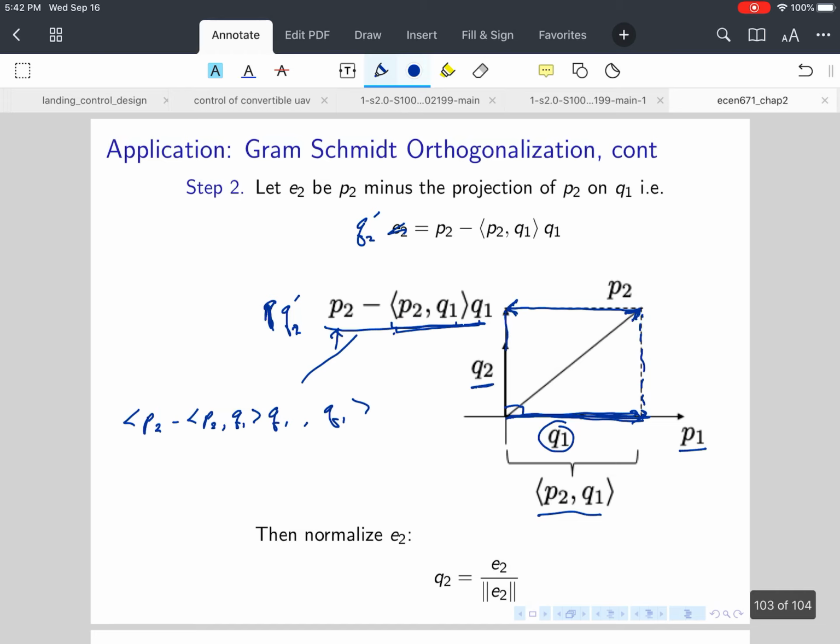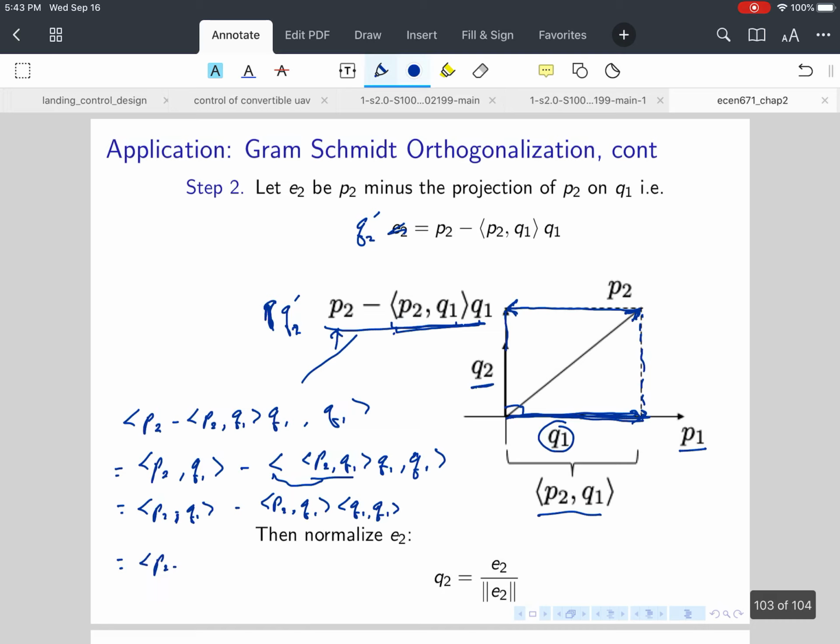So this is going to be the inner product of P2 with Q1 minus the inner product of P2 with Q1 times the inner product of Q1 with Q1. This is a scalar that we can pull out, and what's left is the inner product of Q1 with itself.